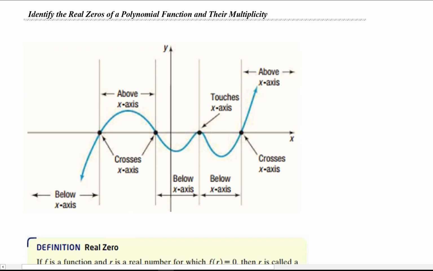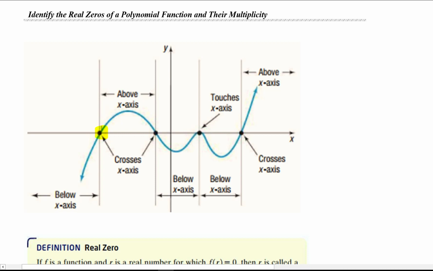Identify the real zeros of a polynomial function and their multiplicity. So when we are looking for real zeros of a polynomial function, we're going to be looking for basically the x coordinates of the x-intercepts. So it's these values here.